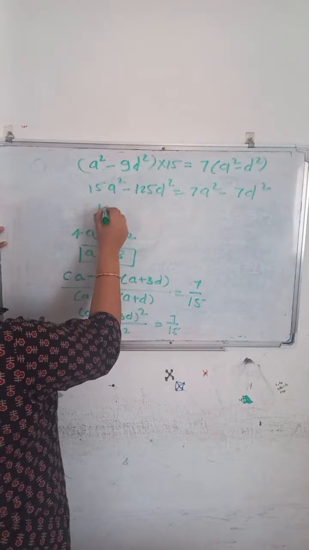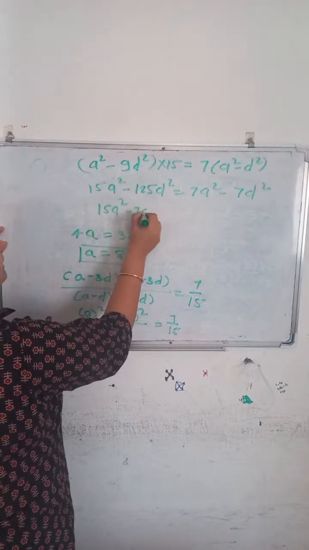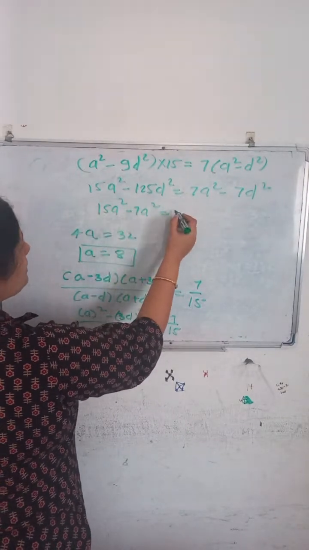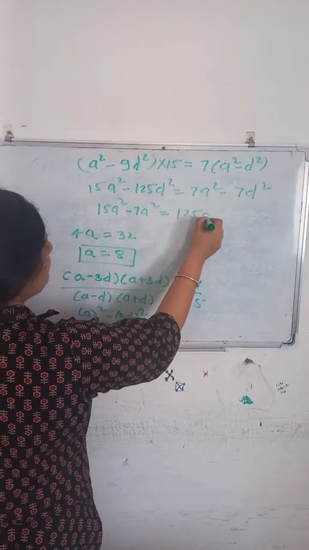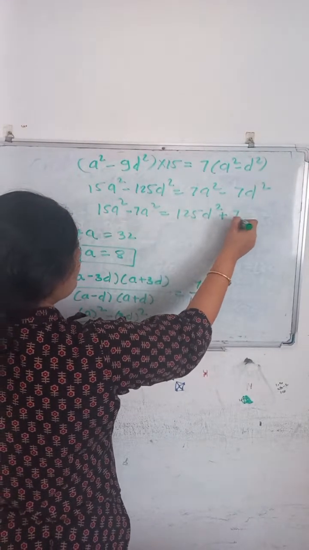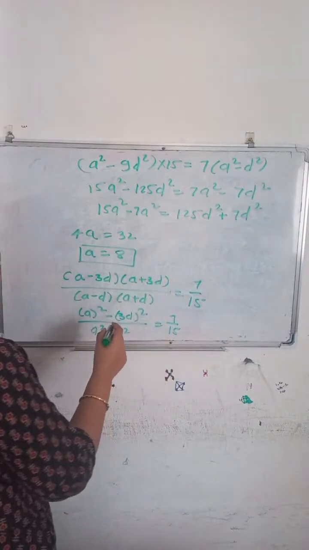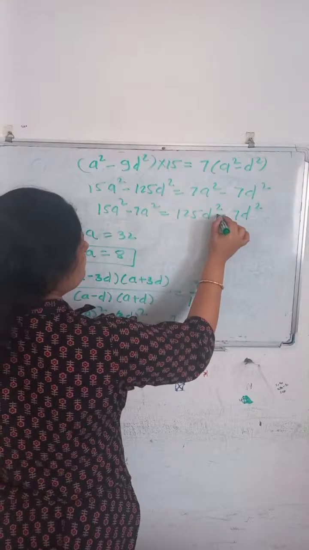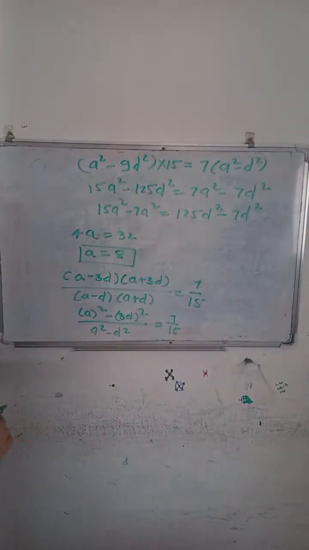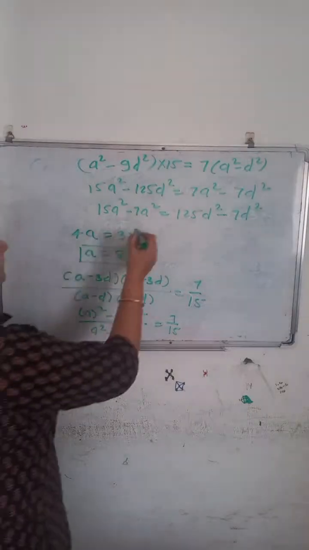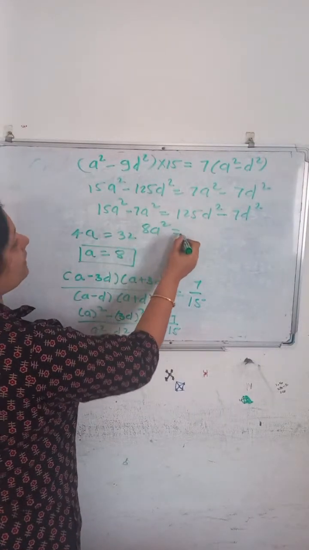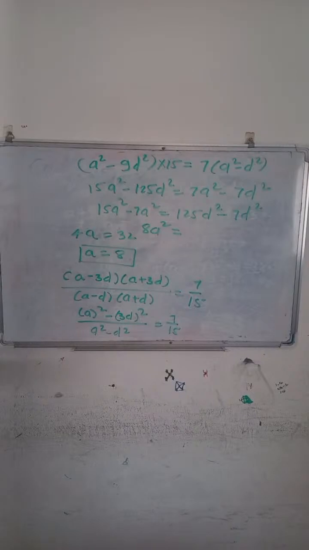Okay, so here 15a square minus 7a square, I transpose, and 125 will become plus 125d square, plus 7d square. Sorry, this is minus 7. Now 15 minus 7 is nothing but how much? 8a square. Okay, and 125 minus 7 is nothing but how much?